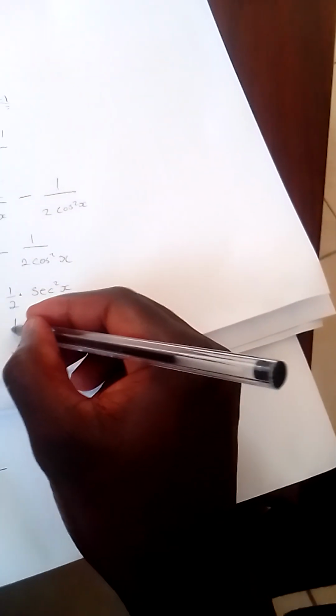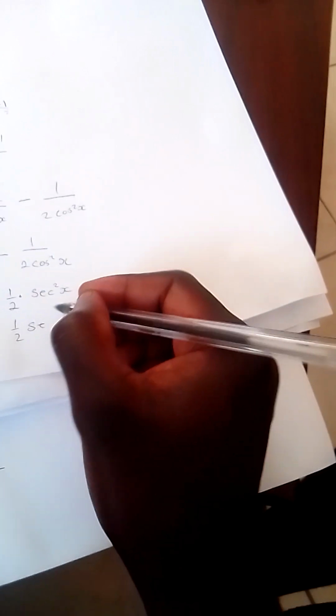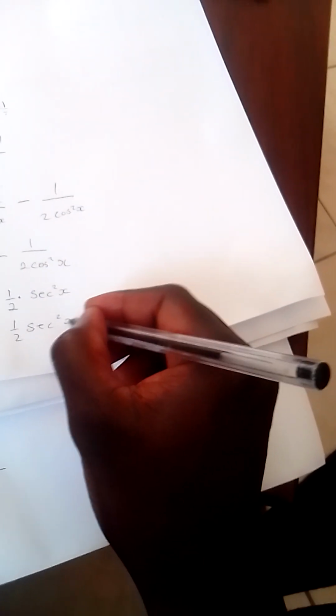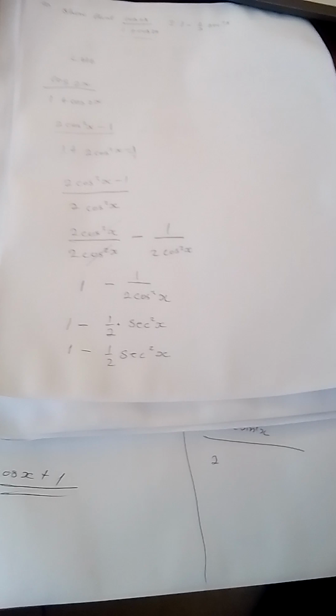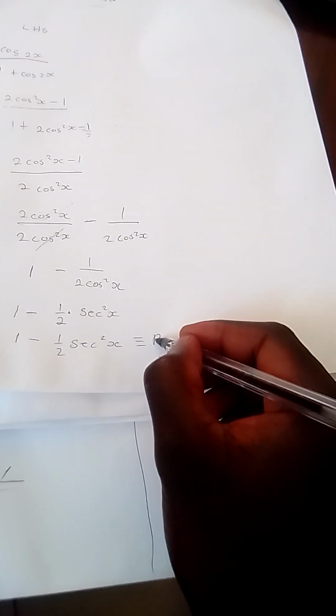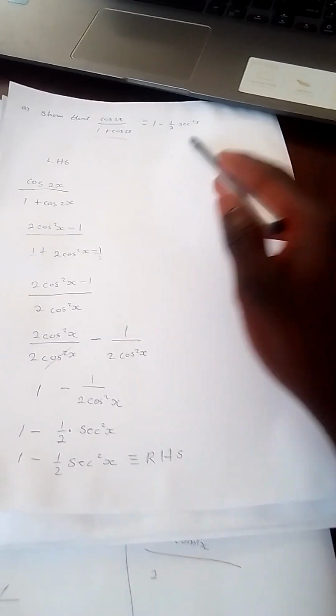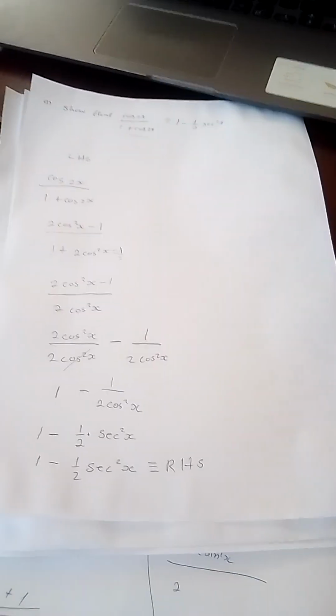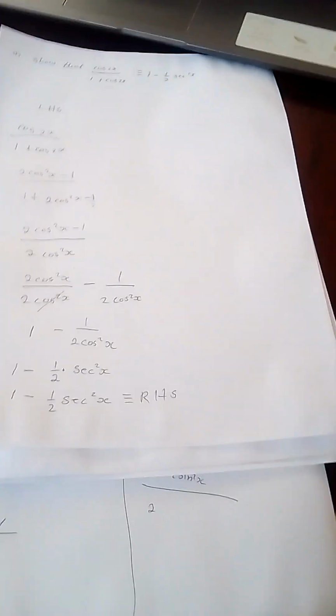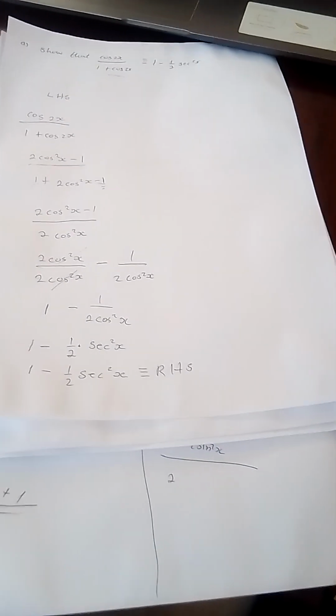Final answer is 1 over 2 sec square x. So that is now identical to our right hand side, which is this one. This one is identical to our right hand side, which is that one, which is proven altogether.